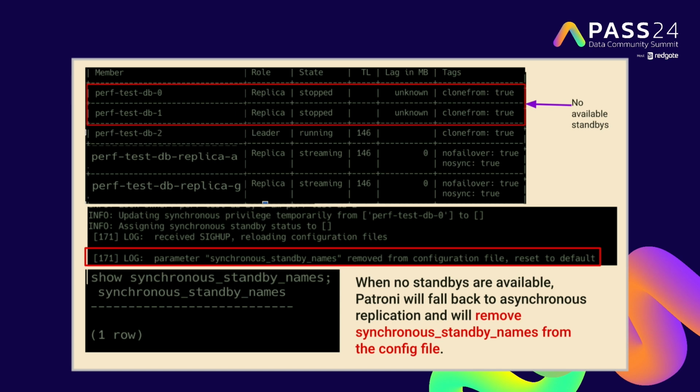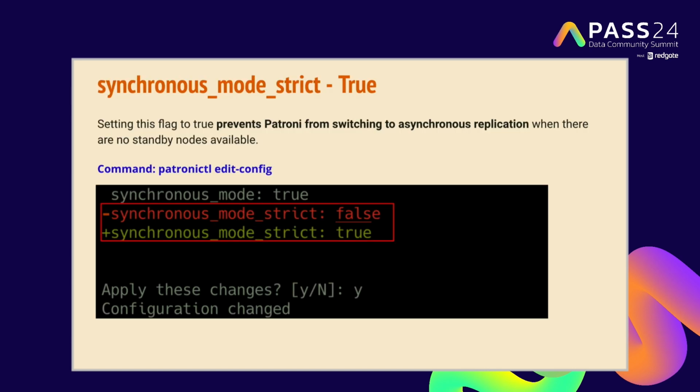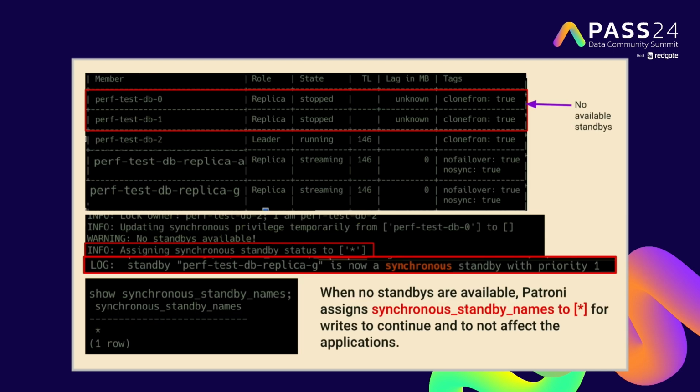Yeah. Now in case synchronous mode strict is set to true, setting this flag to true prevents Patroni from switching to asynchronous replication when there are no standbys available. So I changed synchronous mode strict from false to true and applied the configuration. I stopped the standbys, perf test db0 and 1.